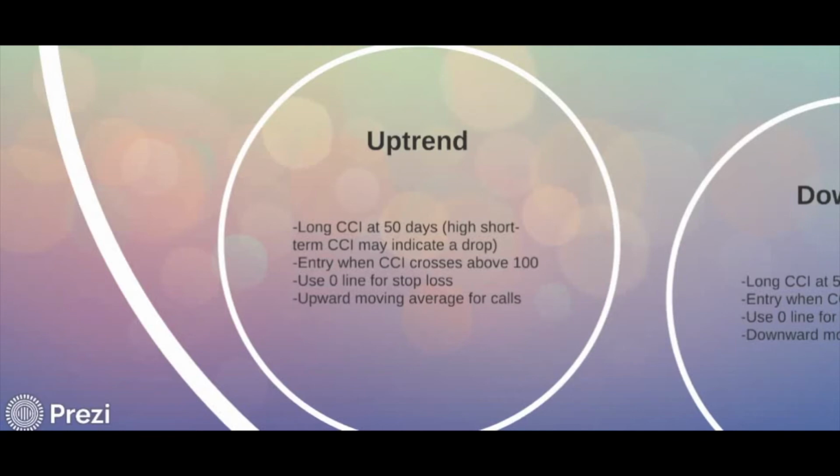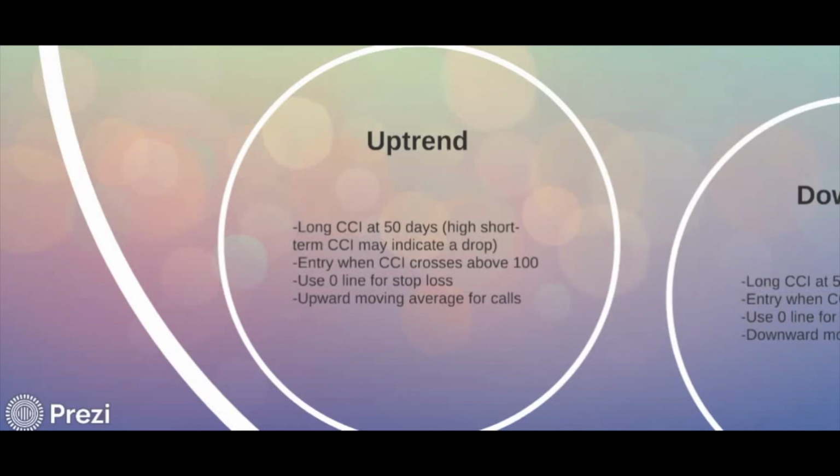So a high short-term CCI may indicate a drop or even a crash coming. So you put our CCI at 50 days, and when it crosses above that 100 mark, that's our entry mark there if we're going long. So that's where we want to buy calls. Use the zero line for a stop loss. I'm not saying that you should put a stop order in for your options, but that's where we want to exit and take a loss on the downside.